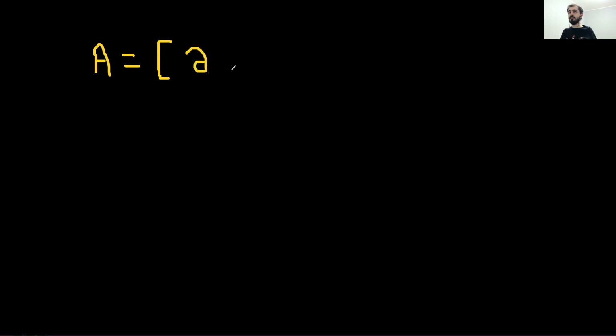I feel like it's much more important to understand what's going on in the general setting than to understand only segment tree, right? We have some array, and suppose that we have some range queries.